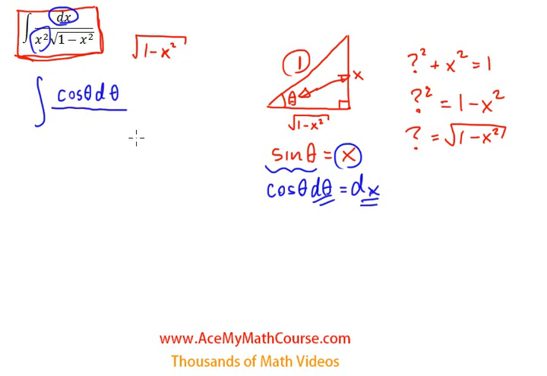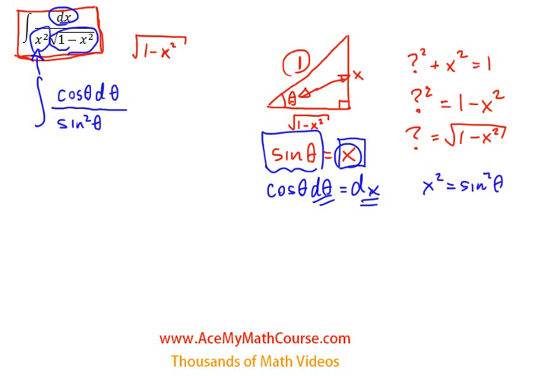And this is where a bunch of elements from the triangle are going to come into play. So I have an x squared here. What can I do with it? Well, I know that the sine of theta is equal to x. So if I square both sides, it follows that x squared is equal to sine squared of theta. So I'll write that down: sine squared theta. And then finally we have this weird element here, which we were concerned with right at the beginning, the square root of 1 minus x squared.